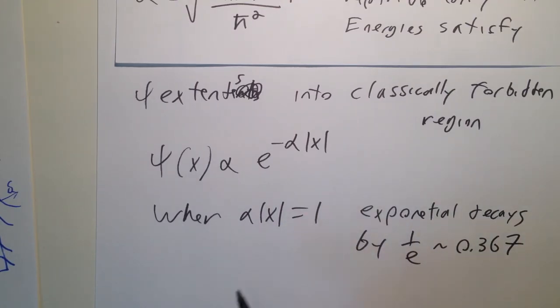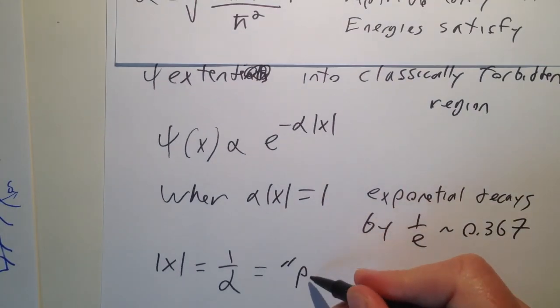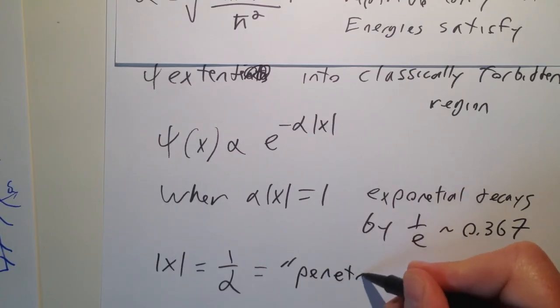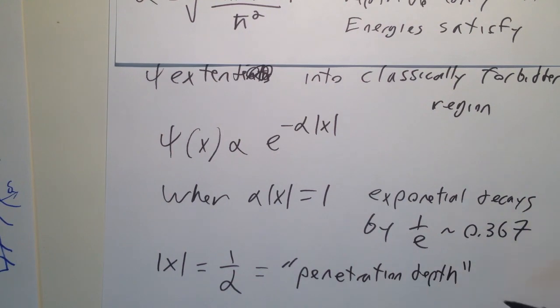Okay, so I can solve for x, and I'm going to just give that a name. That distance where the exponential decays by 1 over e, I'm going to define to be the penetration depth. We often give that the symbol delta.